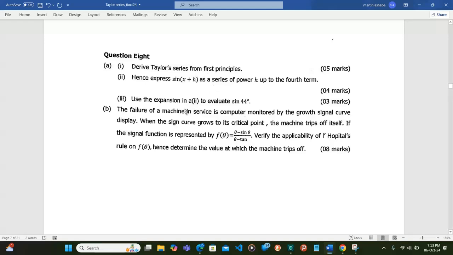Then the next one: express sine x plus h as a series of power h up to the fourth term. Then use the expansion above to evaluate sine 44.